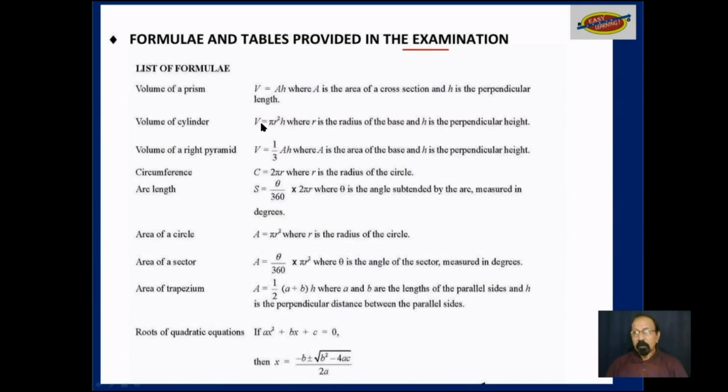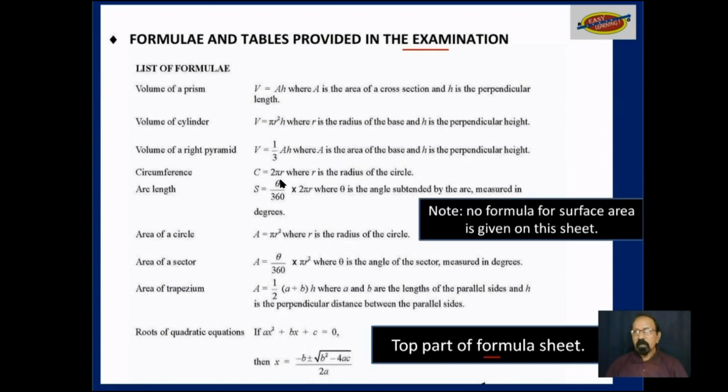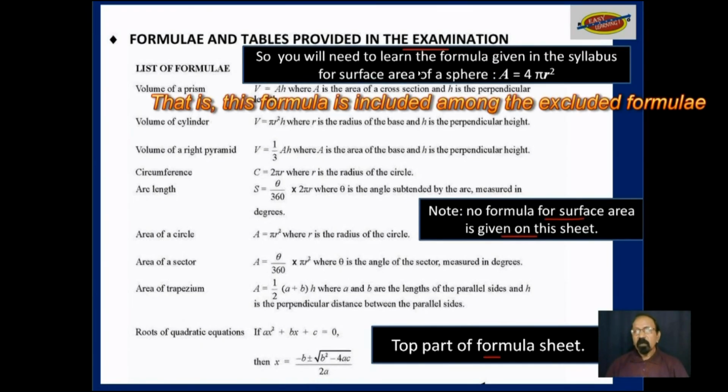So you would have to learn that one. So this is the top part of the formula sheet. No formula for surface area given on this sheet, including surface area of sphere, 4 pi r squared. So you would need to learn that one.